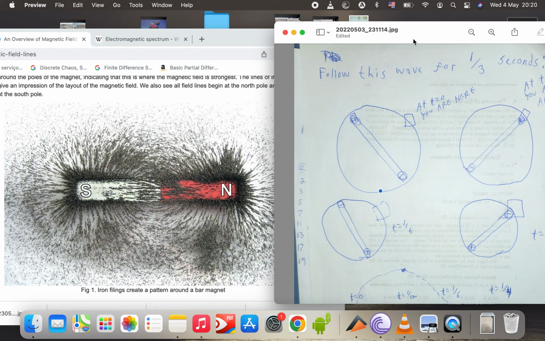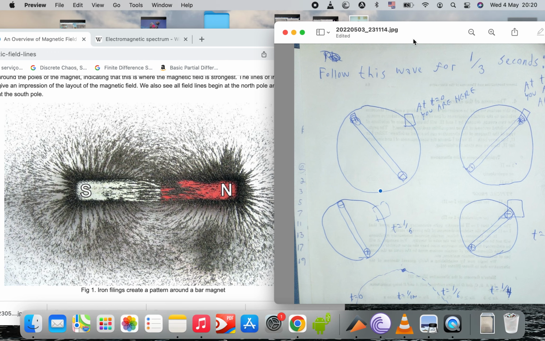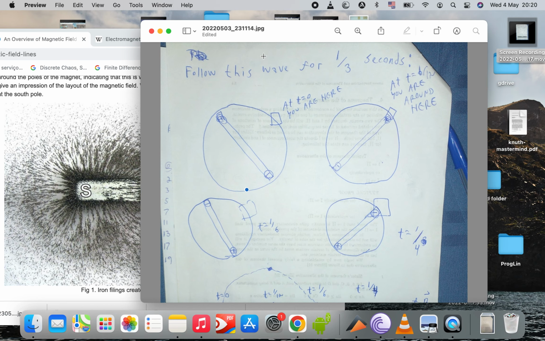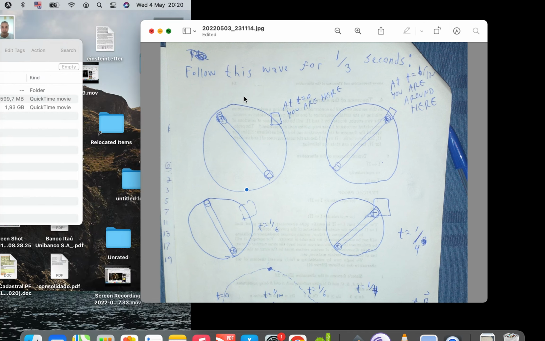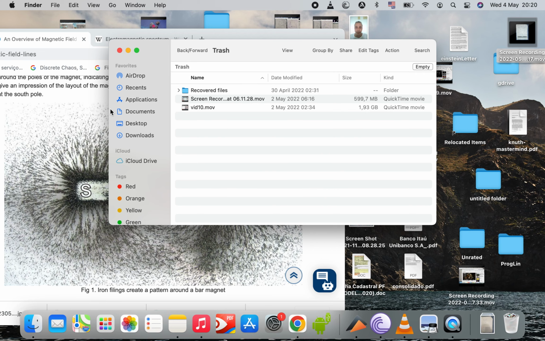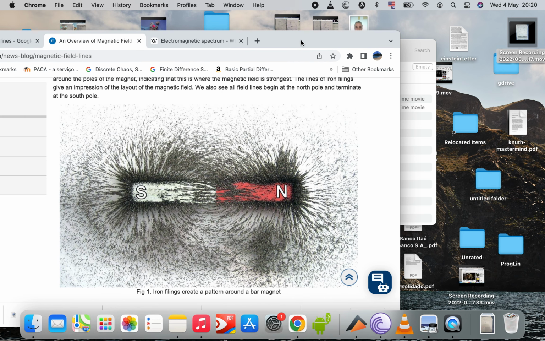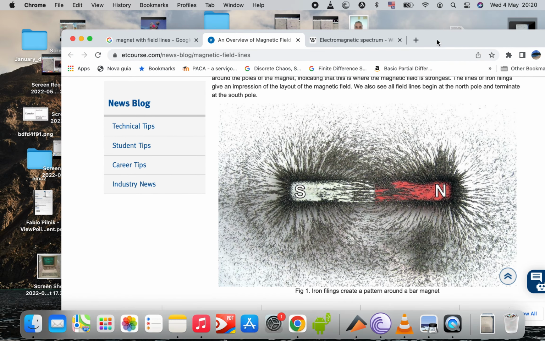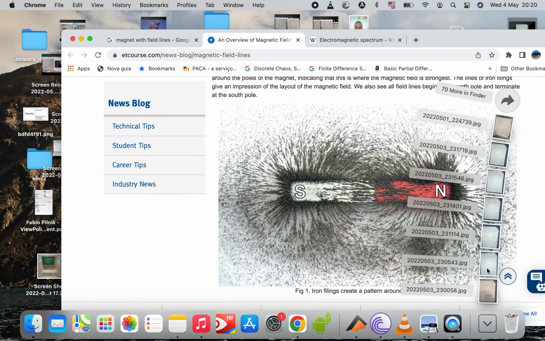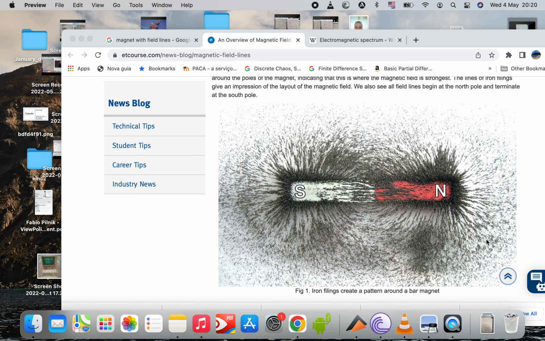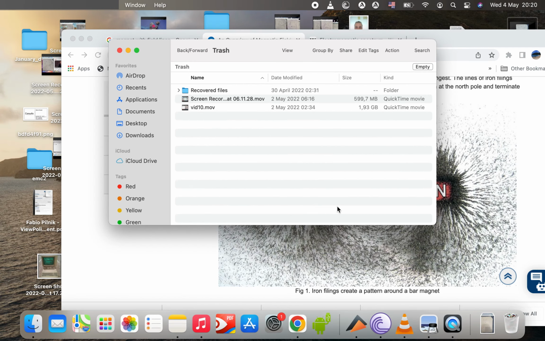I mean, we know that the magnetic field completely changes signs. So, well, I don't know what's going on here.